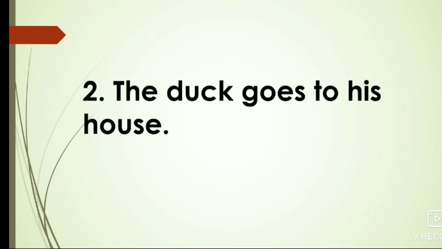Sentence number 2. The duck goes to his house. Okay, let us read together.